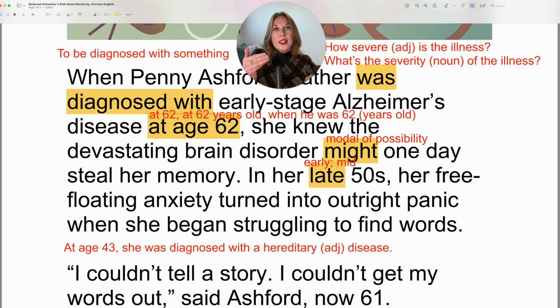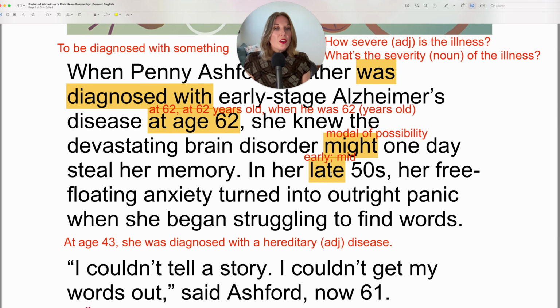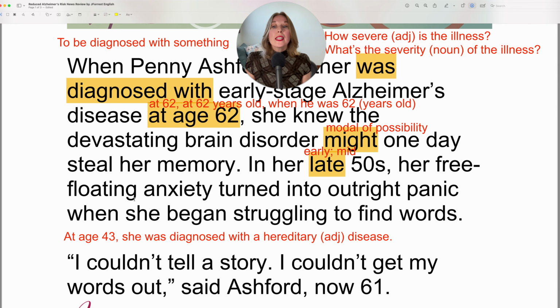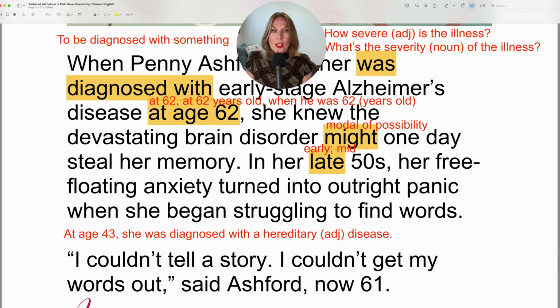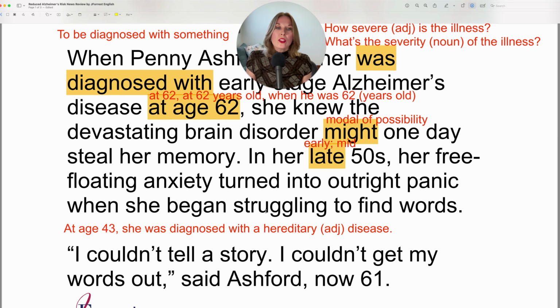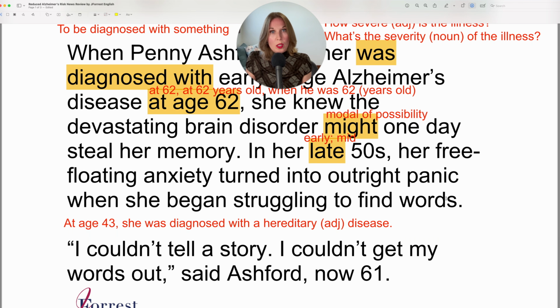So this is a way of giving someone an approximation of how old you are without specifically stating the exact age. In her late 50s, her free-floating anxiety turned into outright panic when she began struggling to find words.